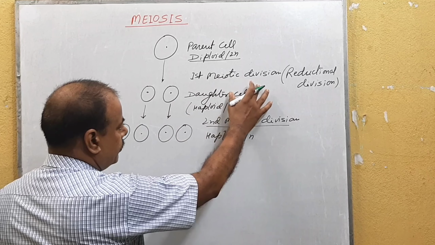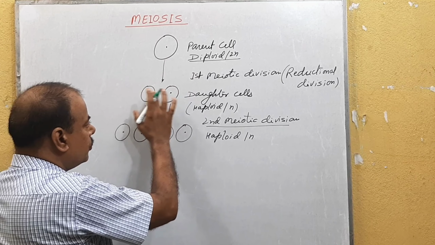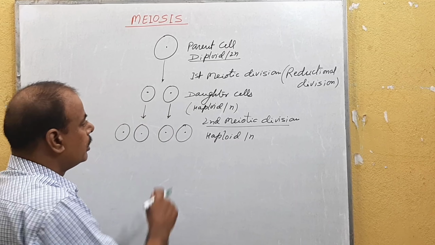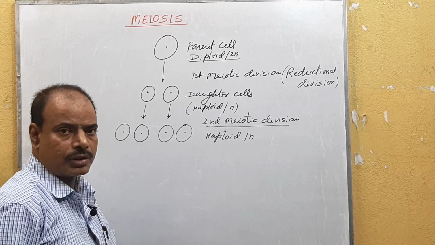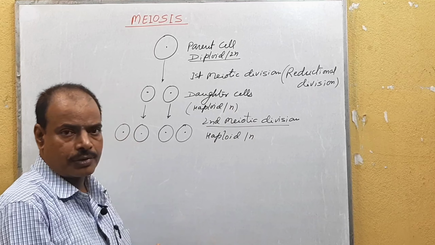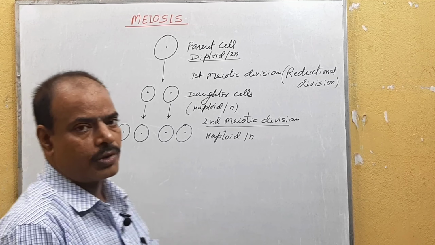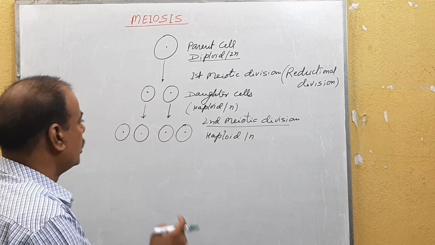In the first meiotic division, which is known as reductional division, 2 daughter cells form, and each daughter cell contains n number of chromosomes, meaning half the number of chromosomes, which is known as haploid. That's why it is known as reductional division.